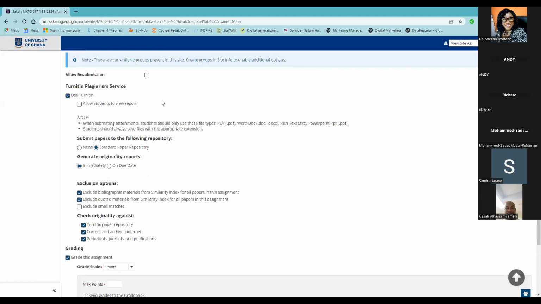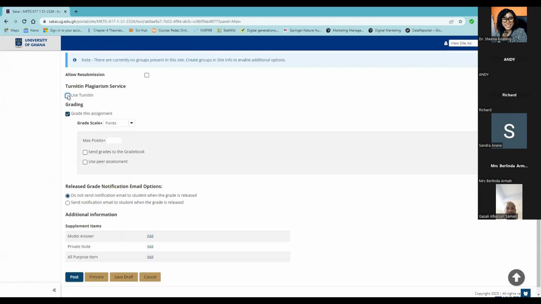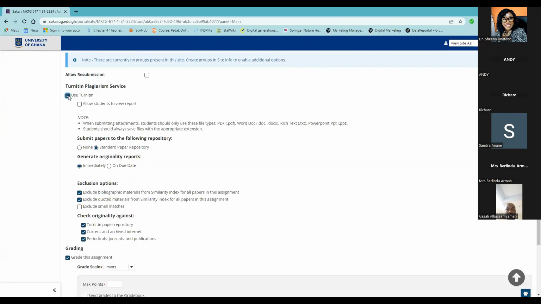Can you see that? Yes. Now, as soon as I click use Turnitin, you see options will drop. Now, under options, you see submit papers to the following repository. Do you see that? Yes, please. Good. The first one is none. And then the second one is what? Standard paper repository. Now, automatically, standard paper repository is checked. Can you see that?